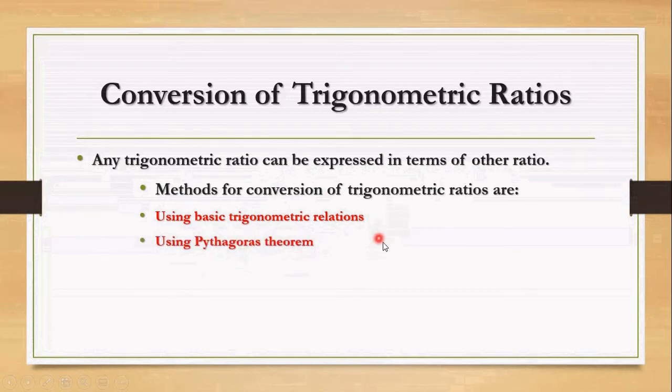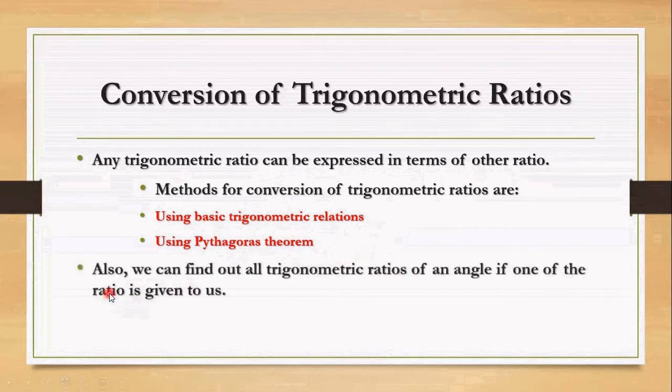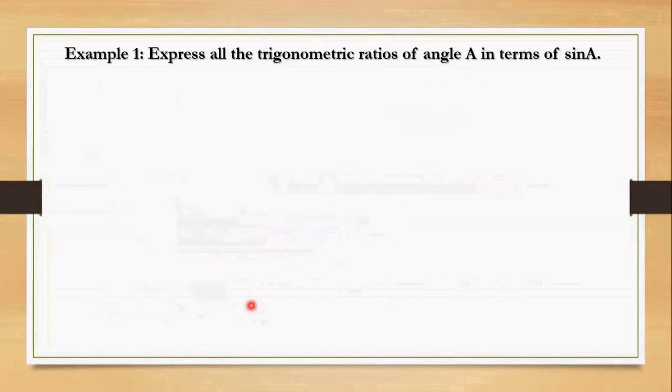We will do both of these methods in our next slide with the help of an example. Also, we can find all the trigonometric ratios of an angle if one of the ratios is given to us. Let's discuss it with the help of an example.